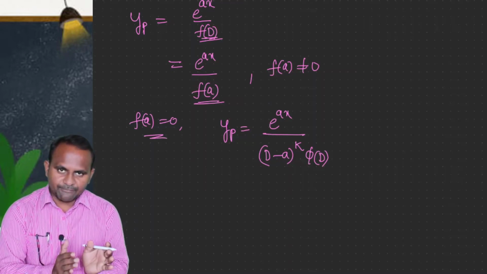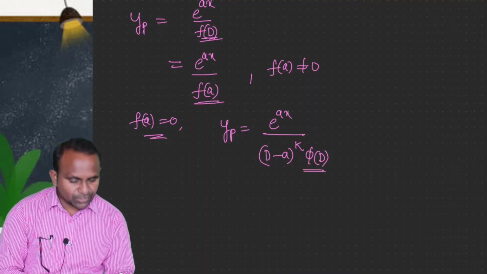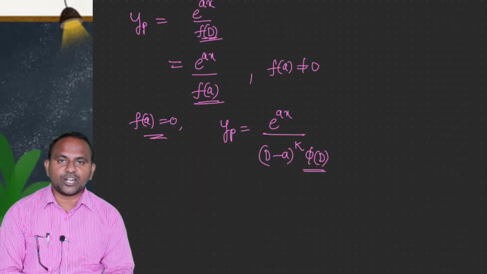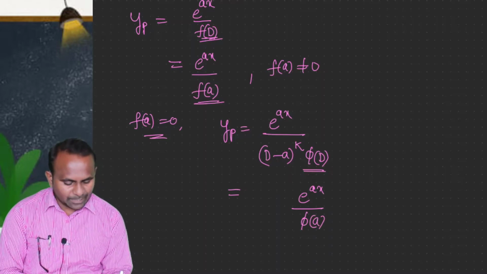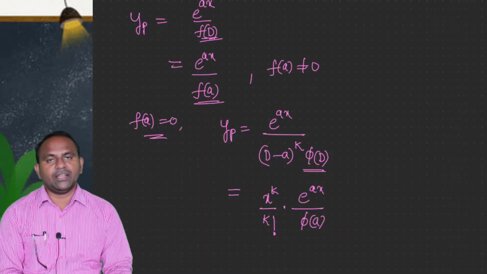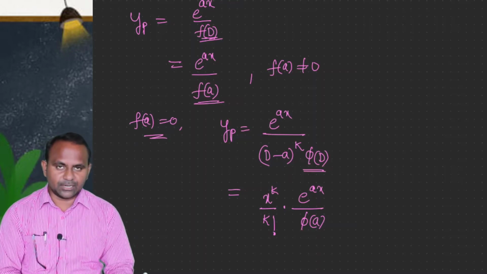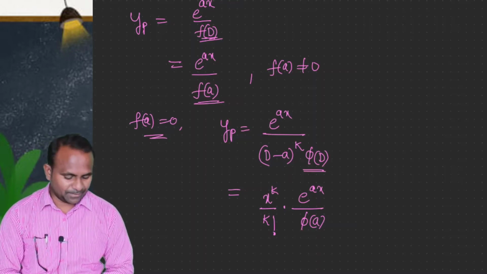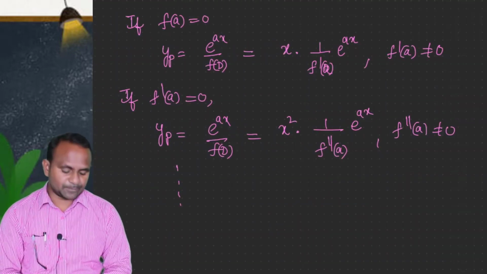Write the factorization for that, and then in the other factor only you put a in place of d, because it will not make 0. That means e power ax over phi of a, and you multiply with x power k over k factorial. This is the direct approach you can remember while solving the differential equation, the particular integrals of this type. Otherwise, you can follow the approach we have just explained.